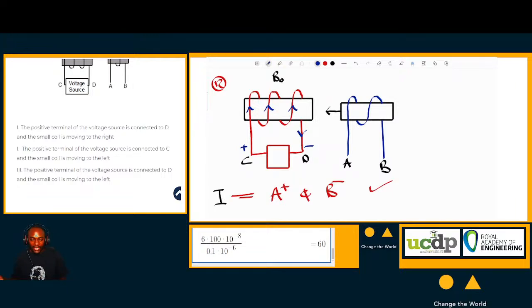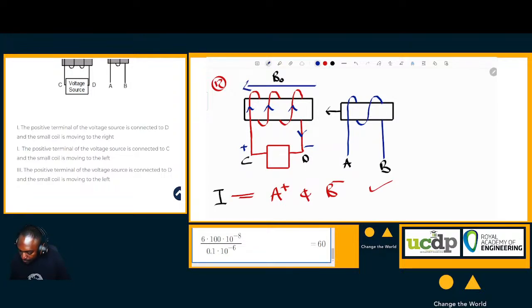Then obviously we expect the direction of the original magnetic field also to reverse, but you should be able to determine the direction. If you grip your right hand in the direction of the current shown, then your north pole would be on the left, which means your magnetic field would be on the left.